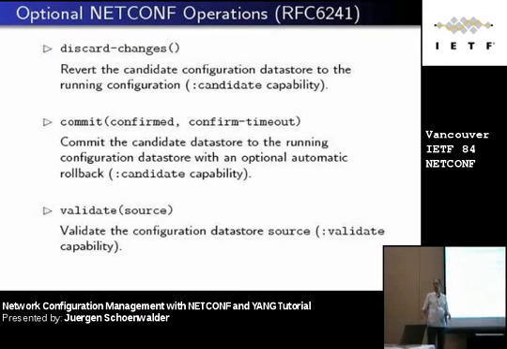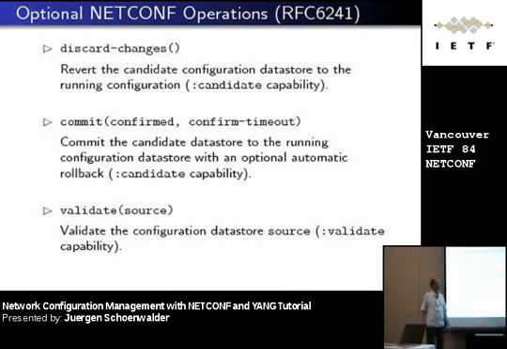If you decide I don't want to commit, and you want to have a fresh candidate data store, you invoke discard changes because you have all the changes in the candidate data store. That's what it's meant to be. It's a little bit irritating, that name, if you don't know that story, because it's really copying the running data store into the candidate. For whatever reason it's called discard changes.